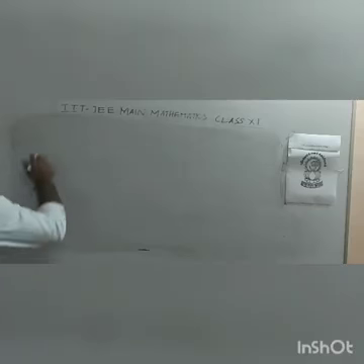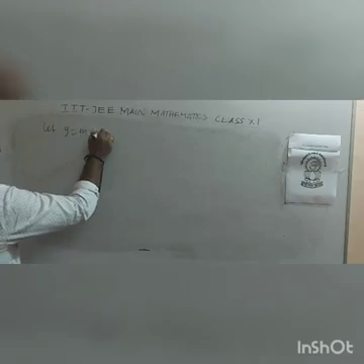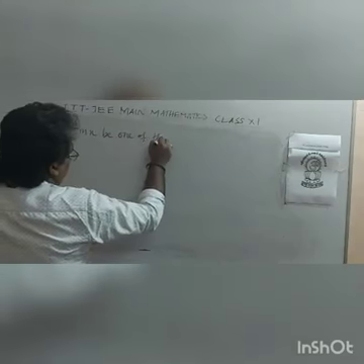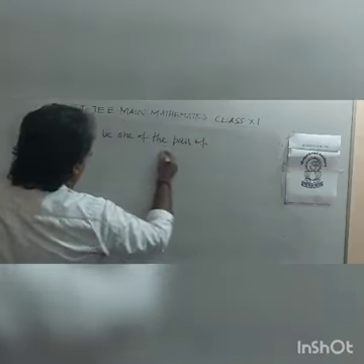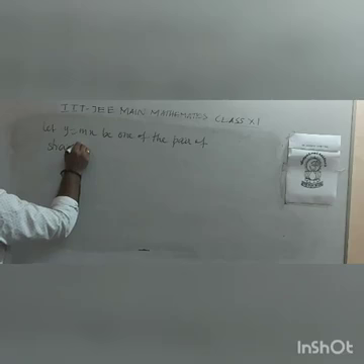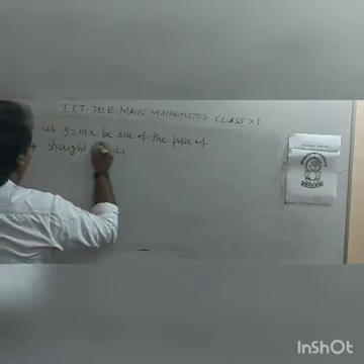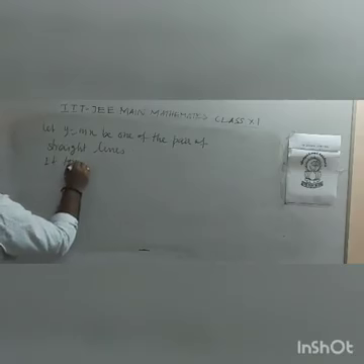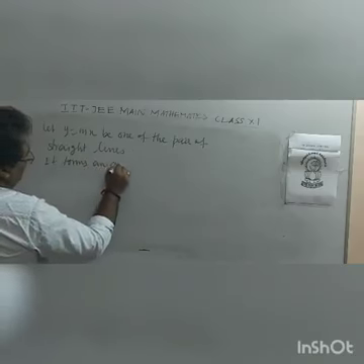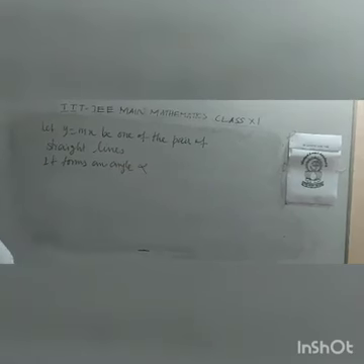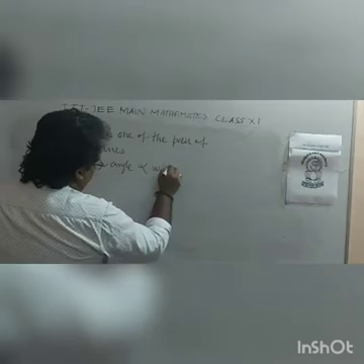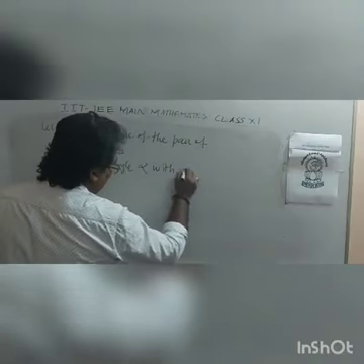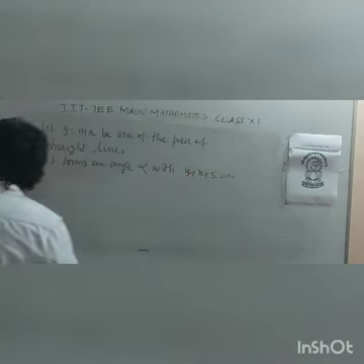Since a pair of lines passing through the origin, let y equal to mx be one of the pair of straight lines. It forms an angle alpha to the line y plus x plus 5 equal to 0.